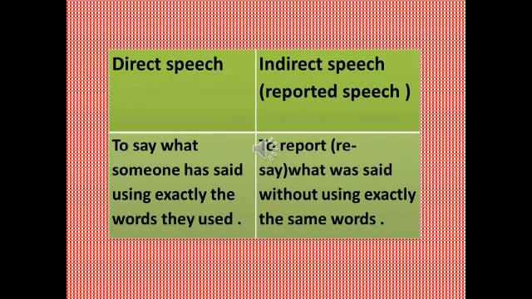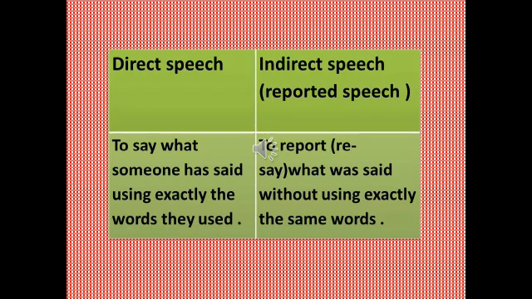What is the difference between direct speech and indirect speech? By the way, you have to know that indirect speech is the same as reported speech. Sometimes we say indirect speech, sometimes we say reported speech, so they are the same. Direct speech is to say what someone has said using exactly the words they used.